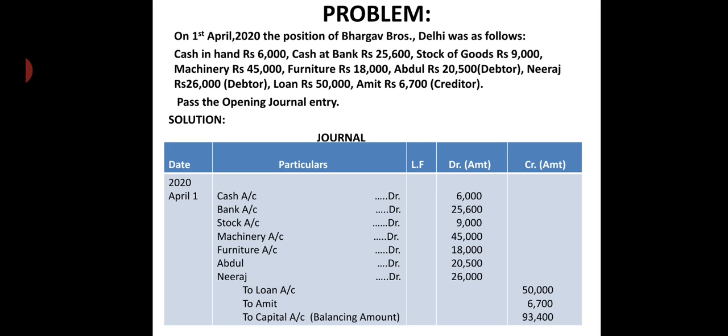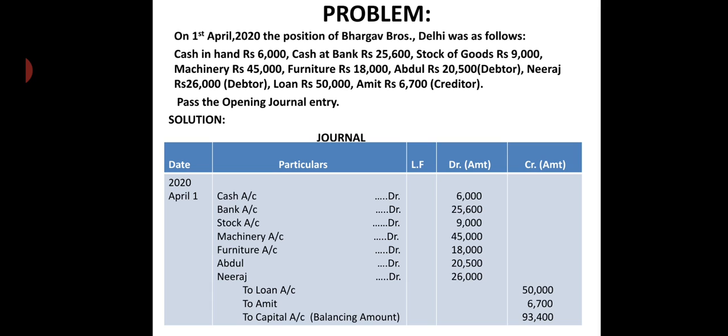We know that asset is equal to liability plus capital. But if you look into the question, asset is given to you and liability, that is loan and creditor, is also given. So what is missing? Capital is missing. So make total of all the debit side and subtract from it the liability, that is loan and Amit amount.